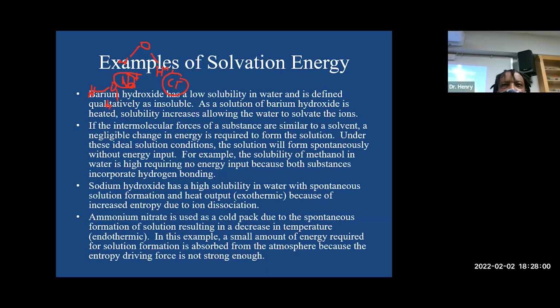Now, if the intermolecular forces versus intramolecular forces, right? IMFs. If those substances are similar to the solvent, you're basically going to negate the change of energy that's required for that solvent-solute solution to form.